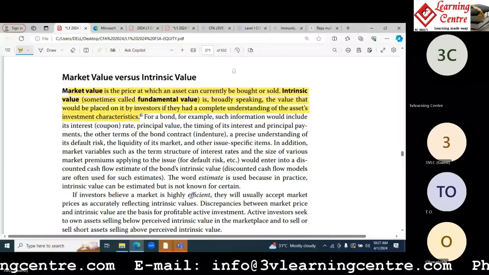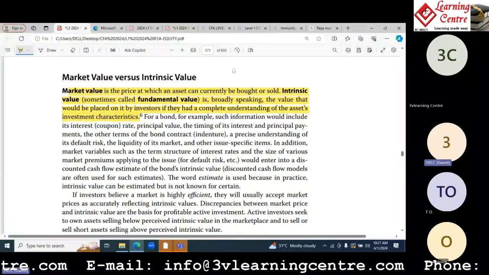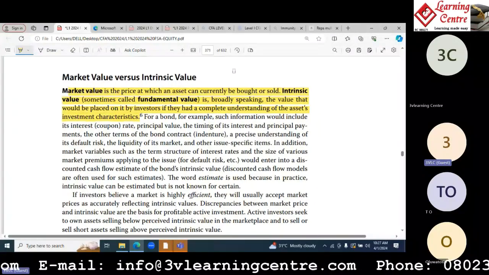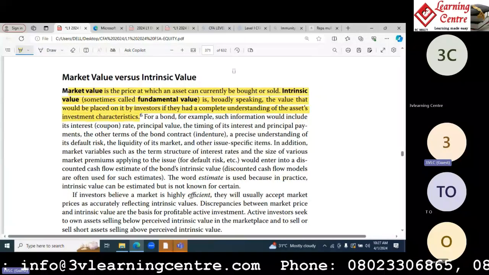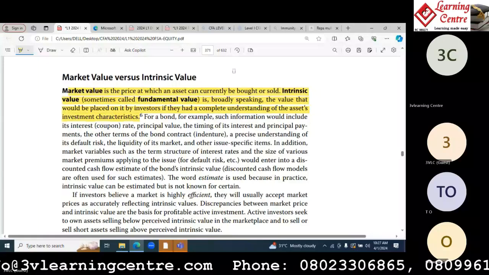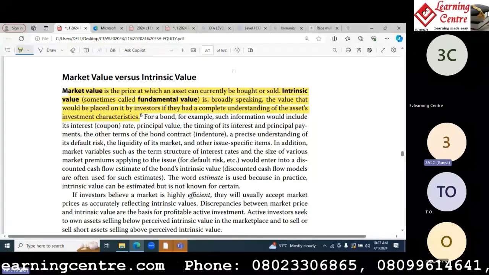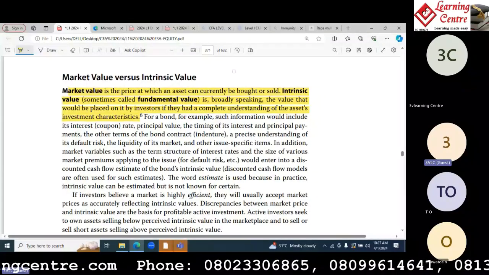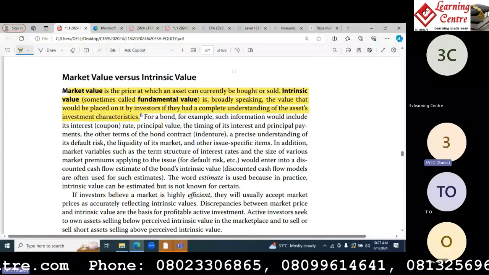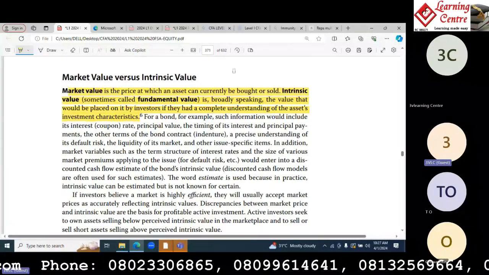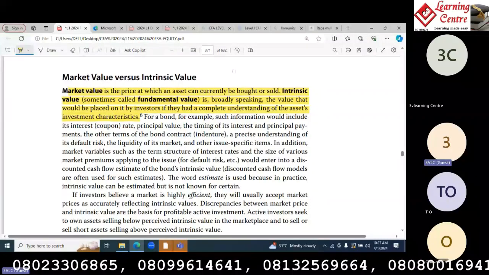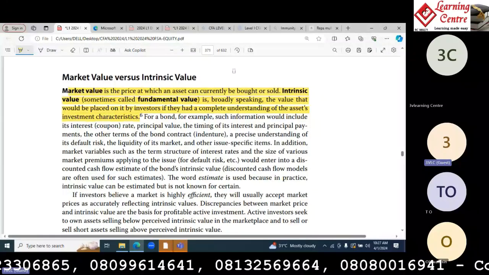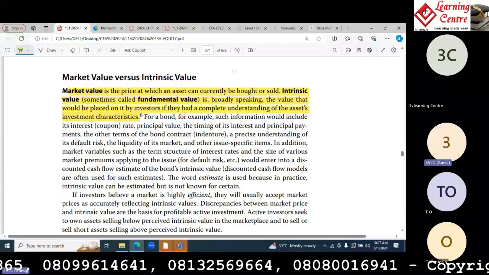Now, another thing I tell people is that intrinsic value is personified. What do I mean by personified? The value I will give Zenith Bank will be different from the value that Temitayo will give Zenith Bank. It's different from the value that Tosin would give Zenith Bank. The three of us most likely will not give Zenith Bank the same value. It's not possible.